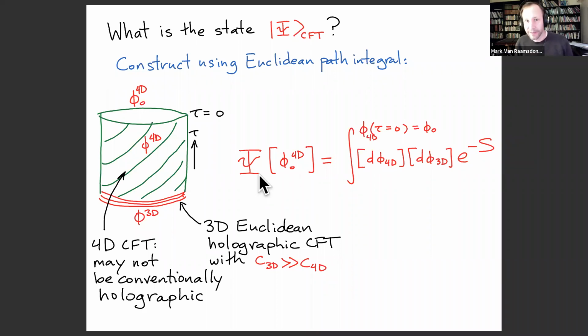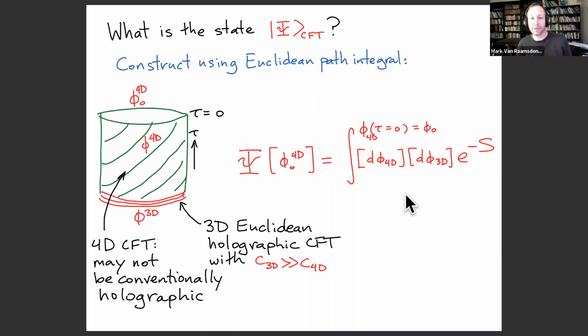We learn in quantum field theory courses that if I want to construct the vacuum state of a quantum field theory, then I can use a Euclidean path integral on a semi-infinite amount of Euclidean time. The vacuum wave functional for your quantum field theory, evaluated on some field configuration phi 0, is just equal to the integral over all the field configurations on that semi-infinite cylinder with this boundary condition. So that would be for the vacuum state.